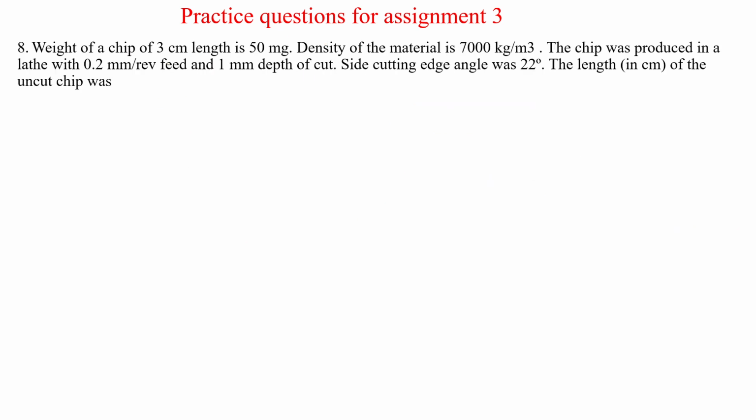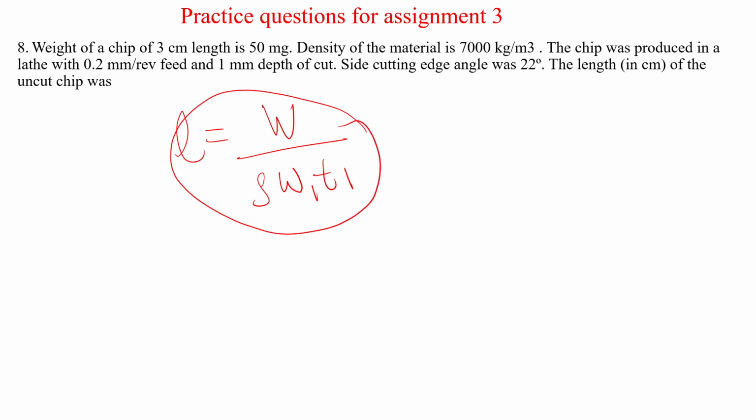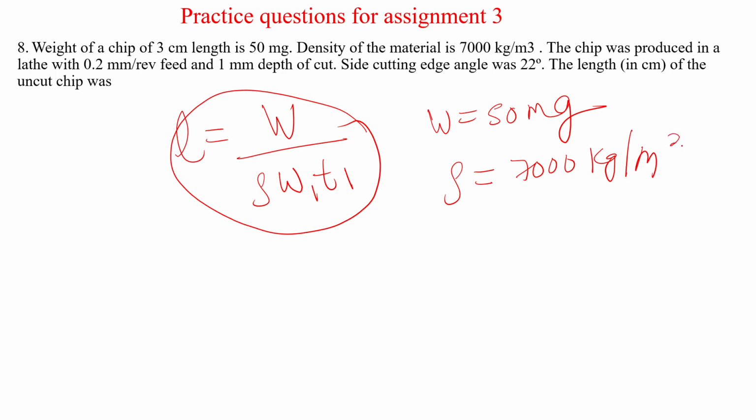Now you have to find the length of the uncut chips. So what is the formula of length? L is weight upon rho times w1 into t1. This is the formula. I am directly writing the formula. What is given? Weight is given as 50 milligram, and density is given as 7000 kg per meter cube.